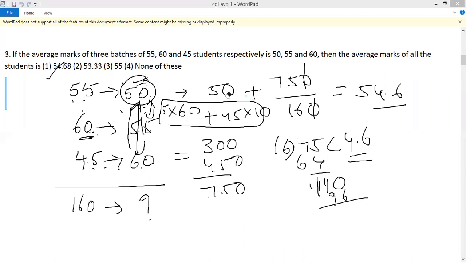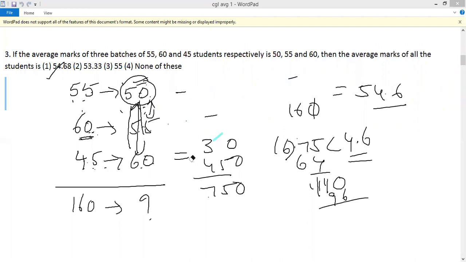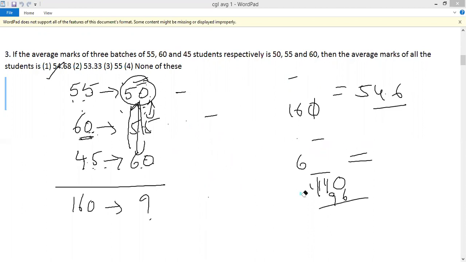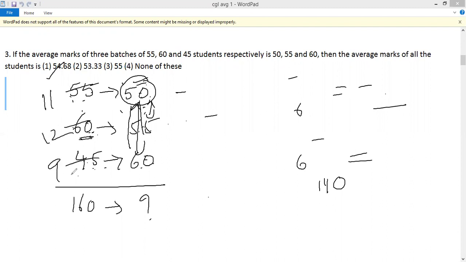And also one more method. It is easy. You can do it in many more methods. You can find the ratio directly. See here: 55, 60, 45 are 11s, 12s, 9s in multiples of 5.